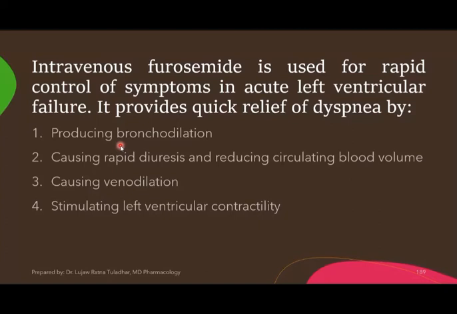Mega Swaraj, are you there? Yes, sir. Would you like to say the answer? Yes, it causes venodilation. Which one? So the third one. Okay, causing venodilation. Would you like to put some explanation to it?